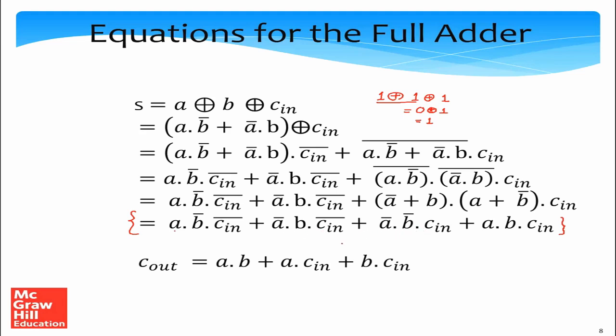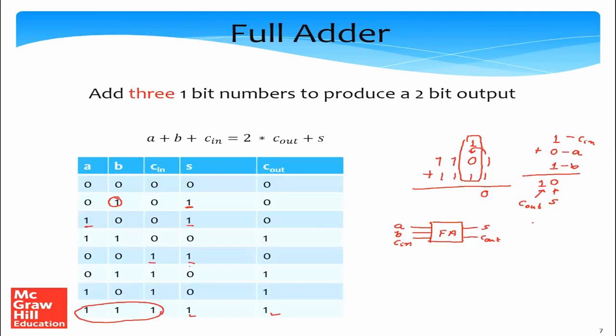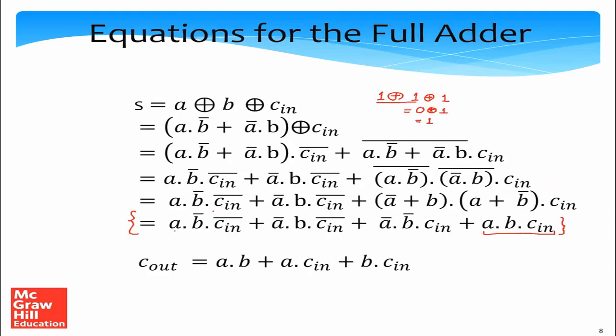Similarly for this, so this takes care of the first 3 cases, and the last case will be true when all 3 of A, B, and the carry in are equal to 1. So this is exactly what we have in this truth table, and this is exactly what we are trying to capture.